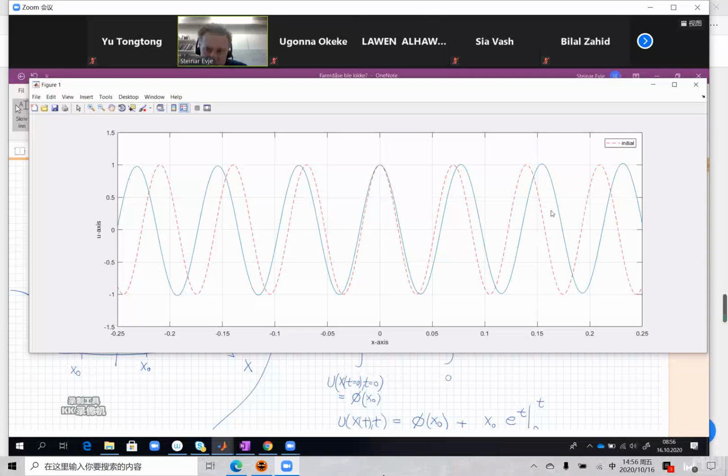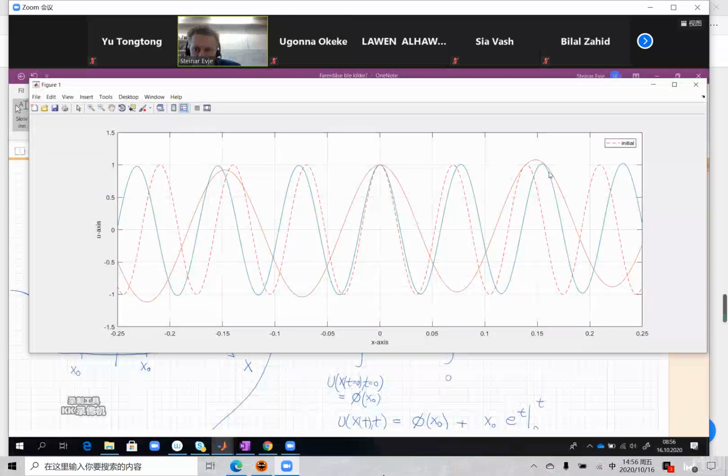It's not so easy to see the effect of the source term, but let's take a larger time, t2, and then plot the solution. This will give this kind of waves.